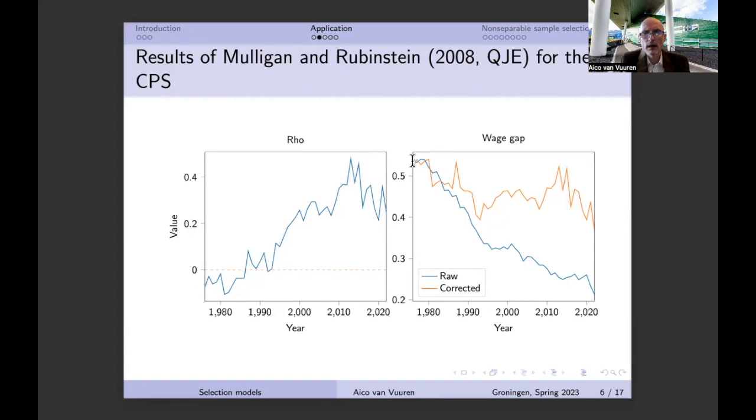It starts at around, I would say, 53%, and it decreases over time, especially in the 80s and the 90s. Then there is not so much of a decrease anymore, but still what we're going to see there, around the year 2021, the wage gap has reduced to around 21%.